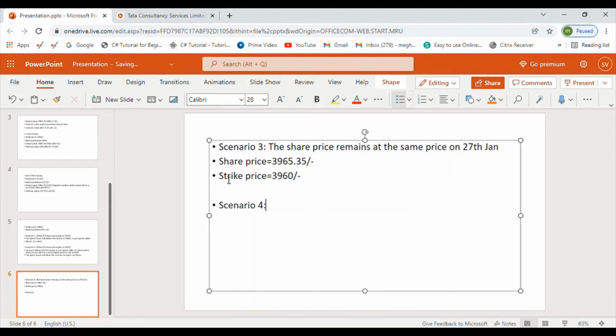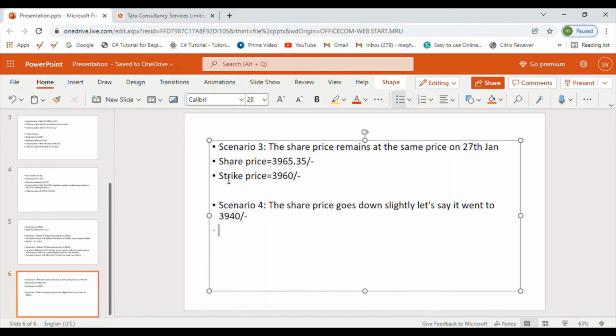And we'll take another scenario. In scenario 4, the share price goes down, but only slightly. Let's say it went to 3,940. The share price went down in favor of the put option buyer, but not drastically, only slightly.